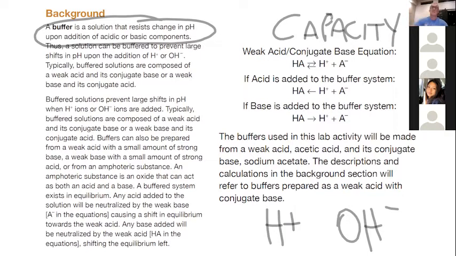And that's sort of part 2 of the lab tonight. The first part, we'll be looking at how a buffer system works in maintaining the pH. And in the second part, we'll dilute our buffer and see that after a certain point, it loses the capacity.